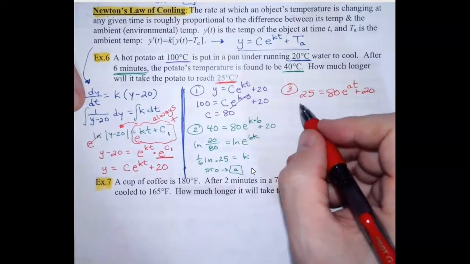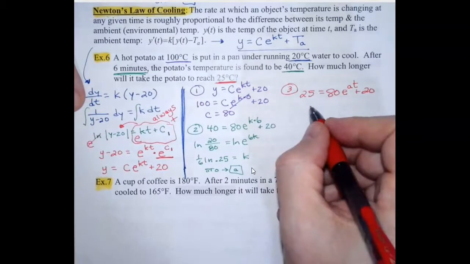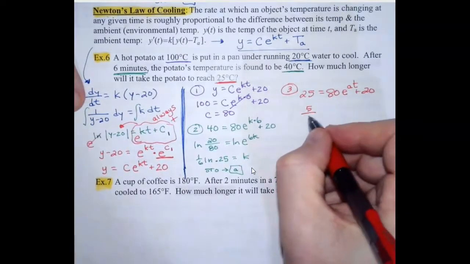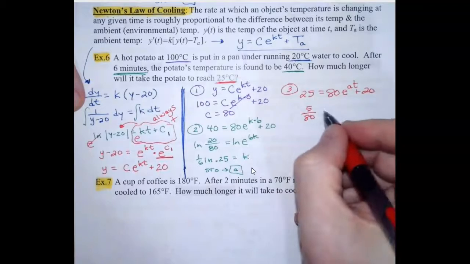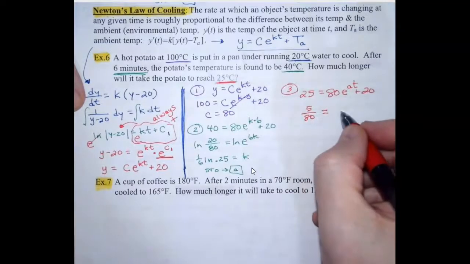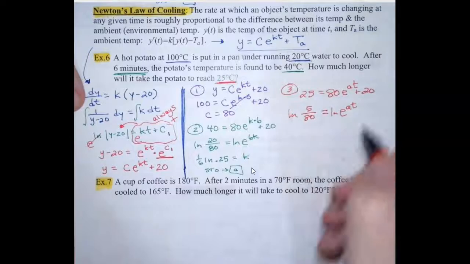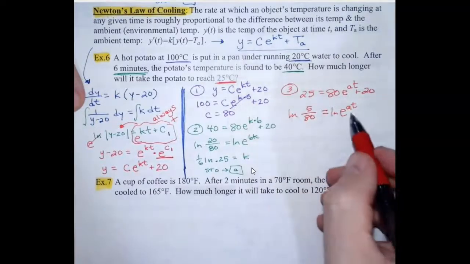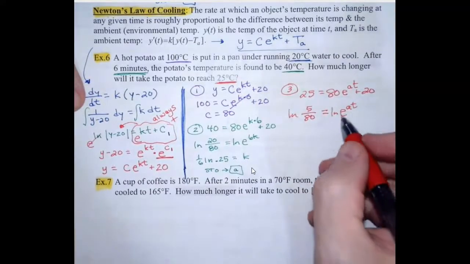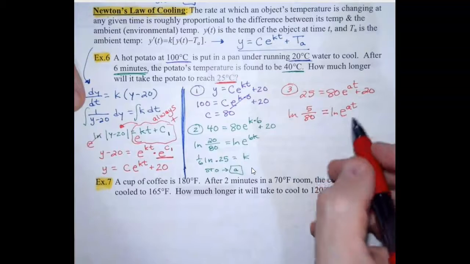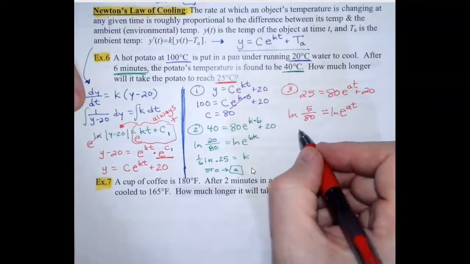So subtract 20 over here, we're going to get 5, and divide by 80. And I want to take the natural log of both sides at the same time as well. So that's going to cancel, and I think I'm doing too much.